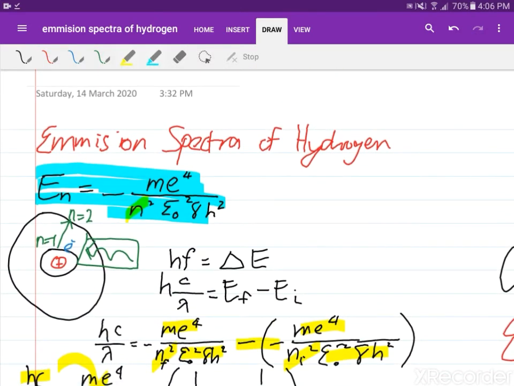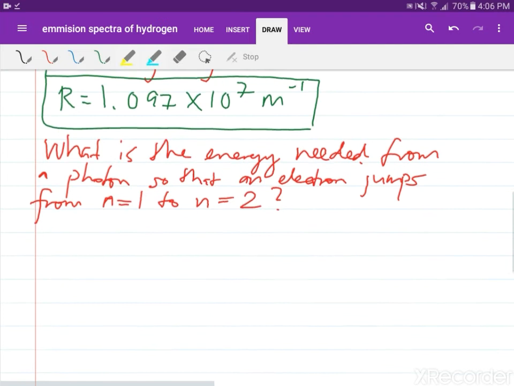Okay, so an energy is needed for a photon, for an electron to jump from n equals 1 to n equals 2.